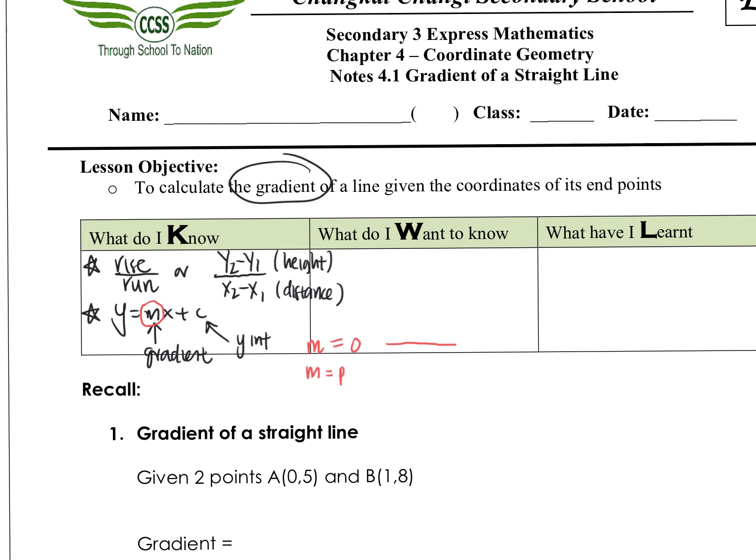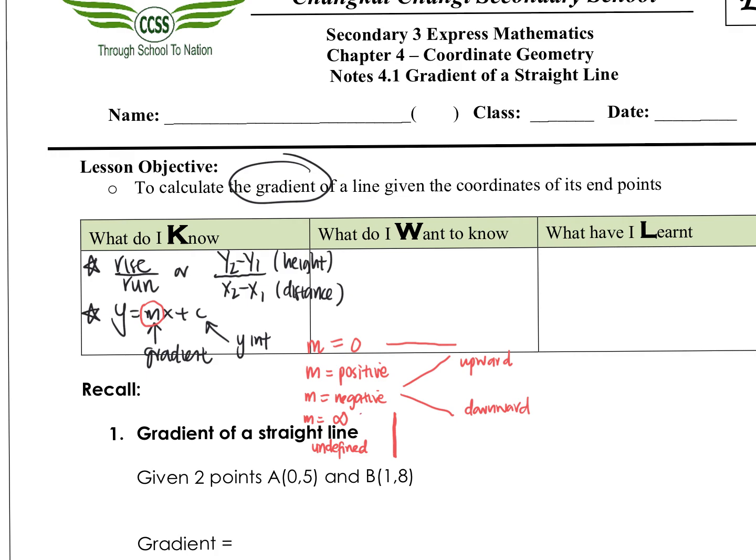Gradient is positive if it's upward sloping. Gradient is negative if it's downward sloping. And if it is undefined, it is a vertical line. Infinity, or you can say it's undefined.